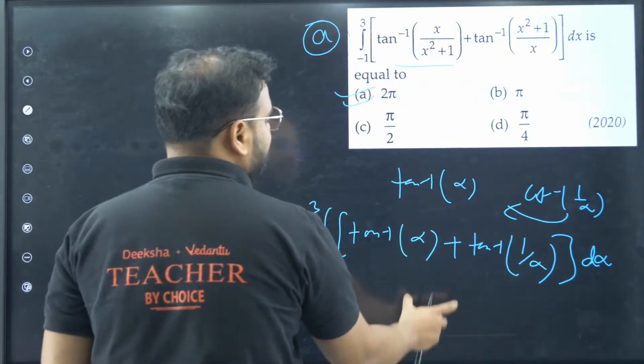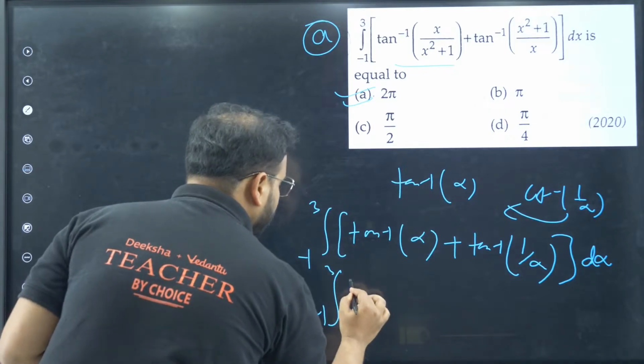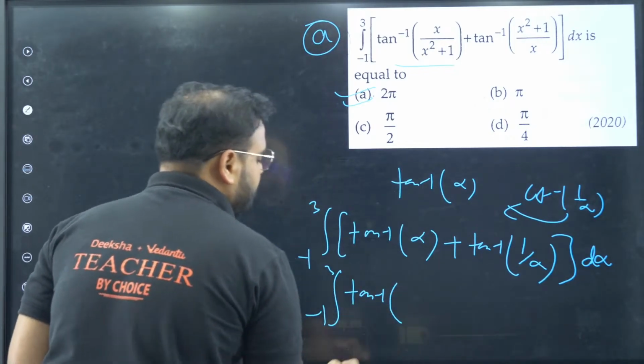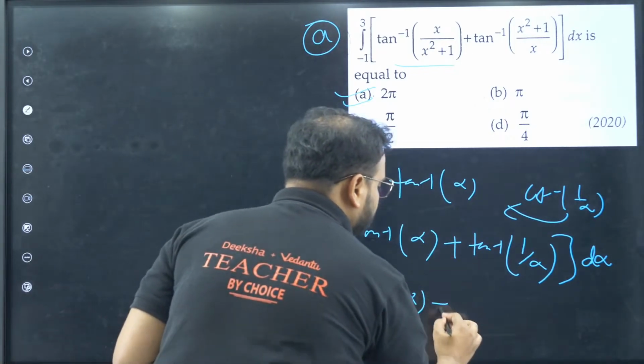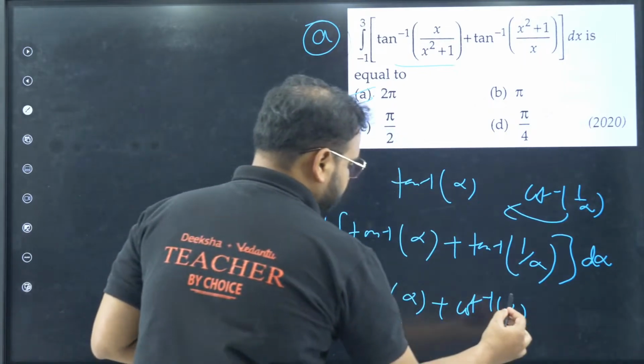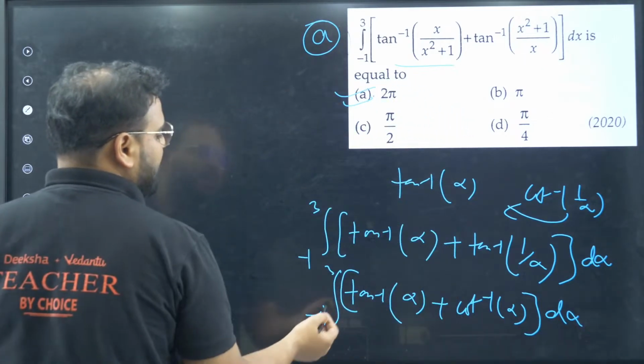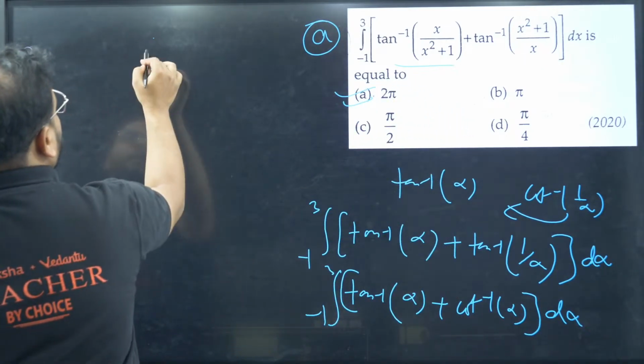So please check, what will I end up with, sir? I'll end up with, over -1 to 3, tan inverse of alpha as it is, plus cot inverse of alpha. So tan inverse plus cot inverse will become simply pi by 2. This is a property.